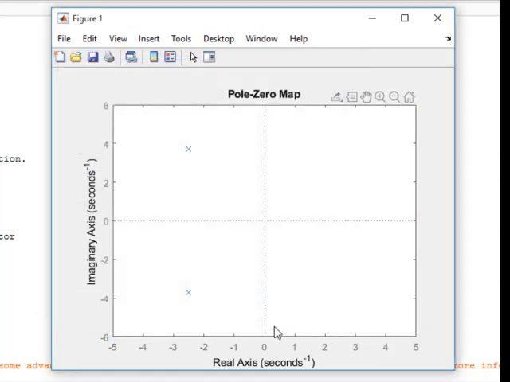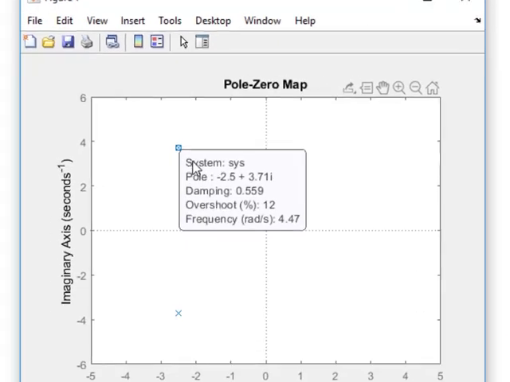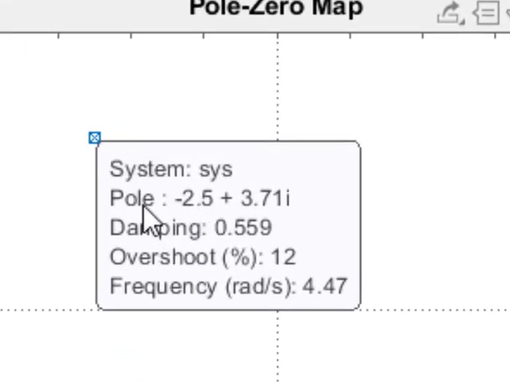Now let's see that. Okay, now this is the imaginary axis, this is the real axis. Now you can find here these are the poles, and if you could read this, the first pole is minus 2.5 plus 3.71 j. Here also you can find the damping ratio or damping factor. This is 0.559. Okay, this is exactly what we have calculated in this numerical.